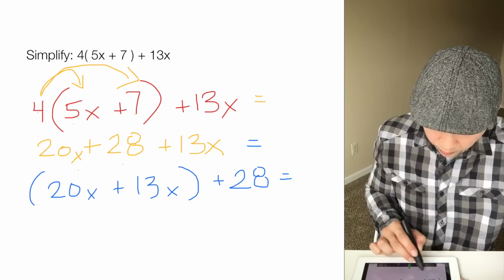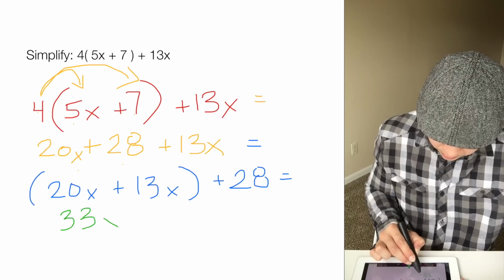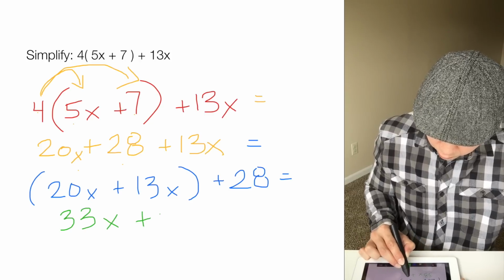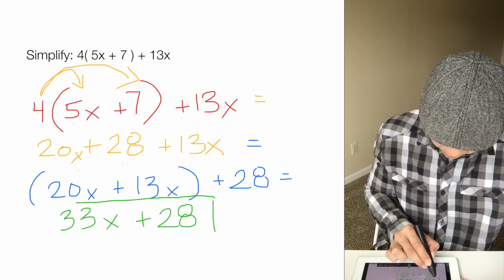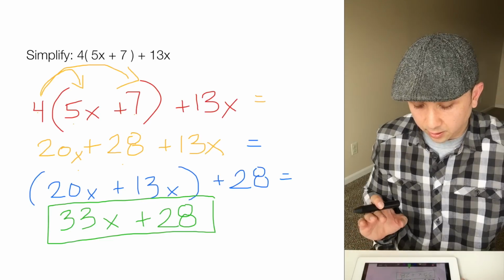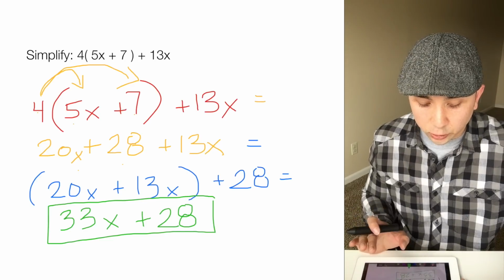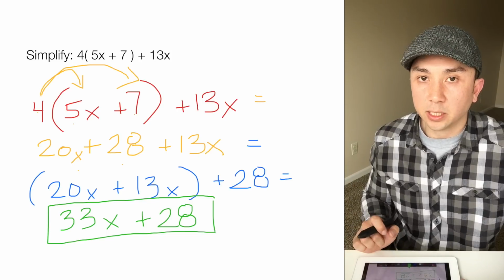So here, 20 plus 13 is 33x plus 28. So that's our answer. 33x plus 28 is the simplified version of 4 times 5x plus 7 plus 13x.